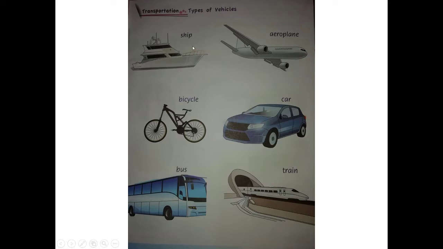We have an airplane, we have bicycles, we have a car, we have a train, we have a bus, right? Ship, airplane, bicycle, car, bus, train. These are the types of vehicles that we use to go from one place to another.